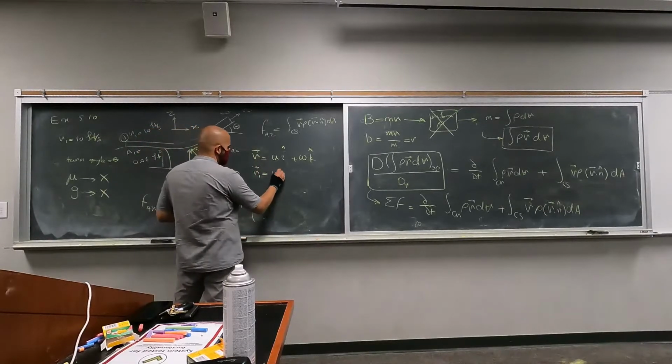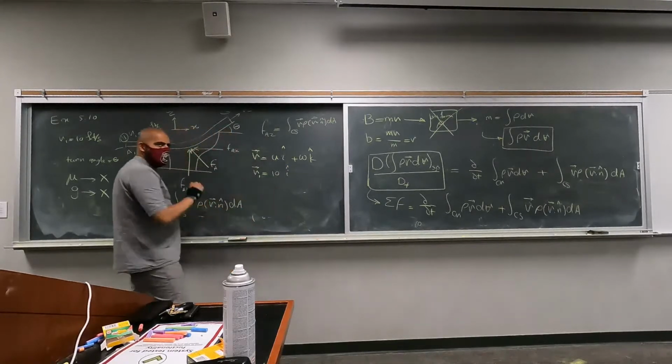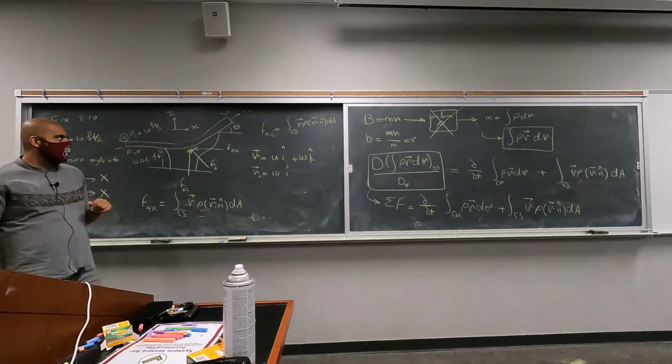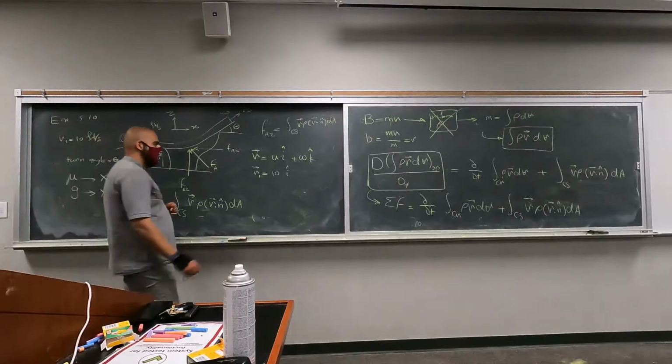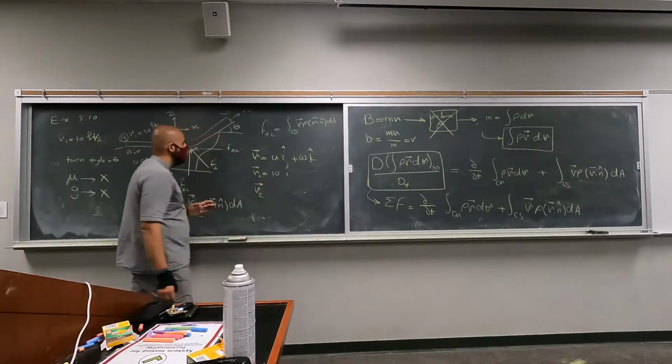So 10 feet per second i, and 0 k. While V2 is in an inclined direction. It has some incline to it. So we have to find the projection of V2 in each direction.